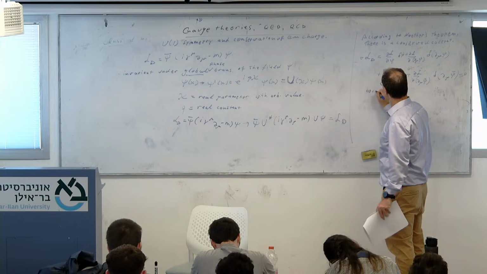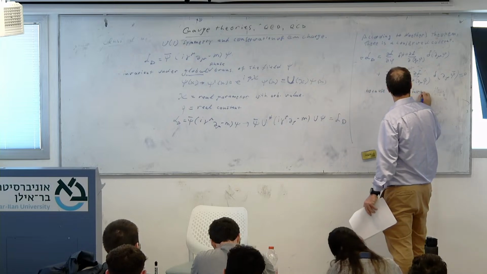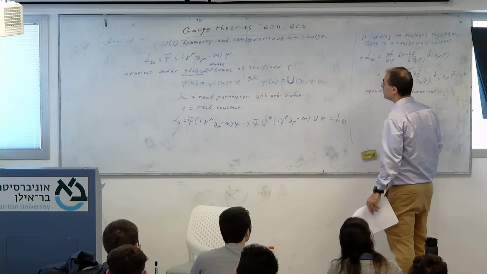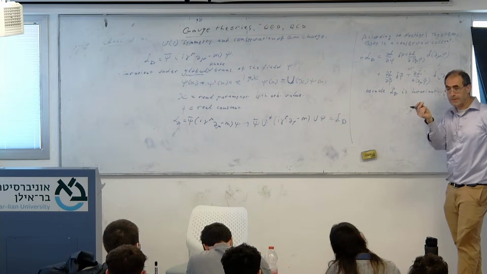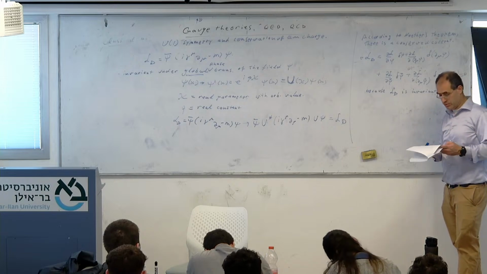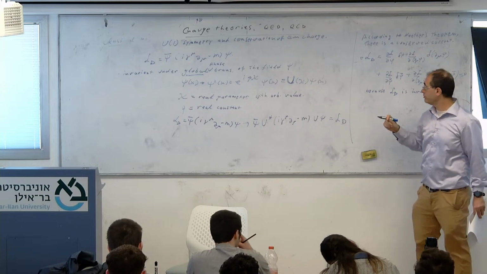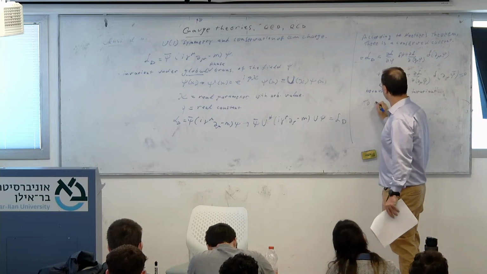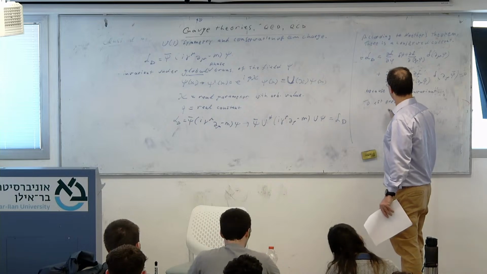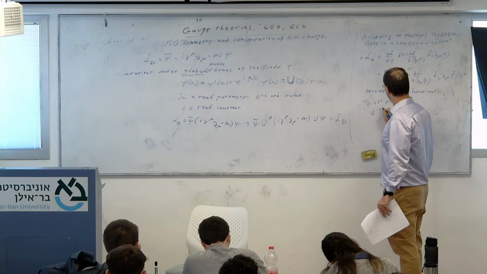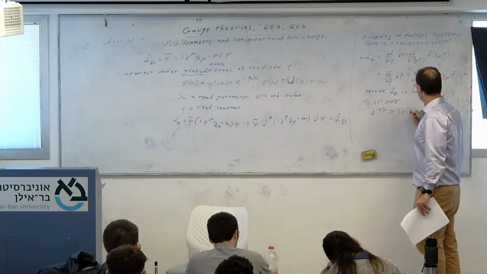Now to make things easy on me, I'm going to assume delta psi is small. So there's a small change. If there's a small change, then I can use a Taylor expansion to first order. What do we have? e to the i q chi is equal to what? 1 plus i q chi.